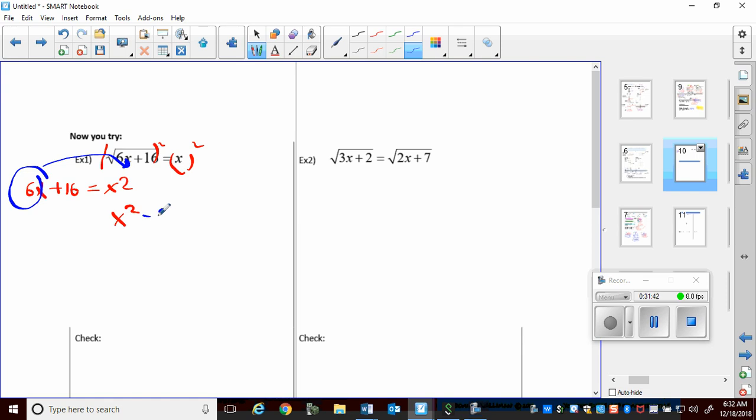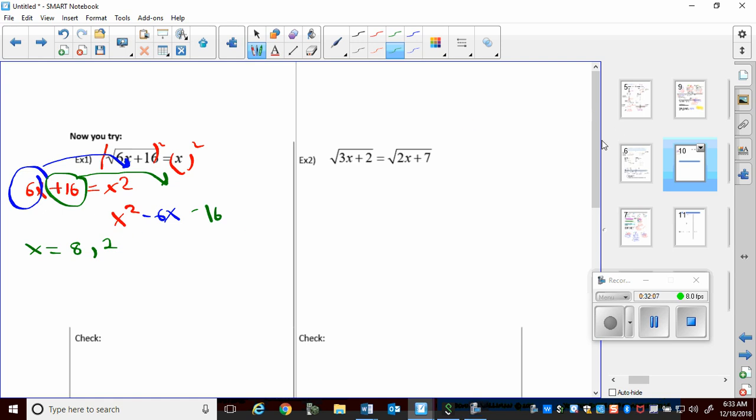It becomes -6x. Throw the positive 16 over, becomes -16. Using my apps function, I find that the two numbers that multiply to -16 are 8 and 2.